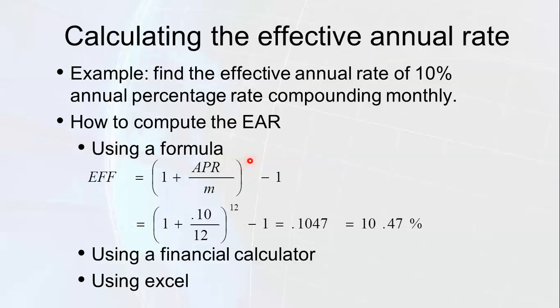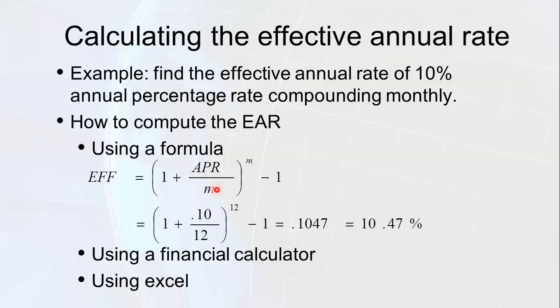If annual compounding, M equals 1, so 10% equals 10%. Okay, but if this compounding is more than 1, then APR and annual rate, they're going to be different. M equals 2 if compounding is semi-annual. M is going to be 4 if it's quarterly compounding.